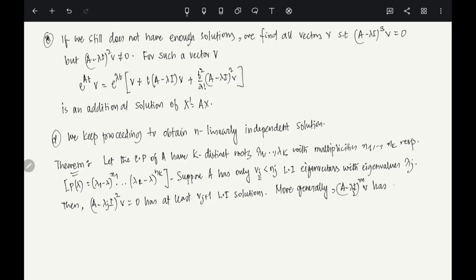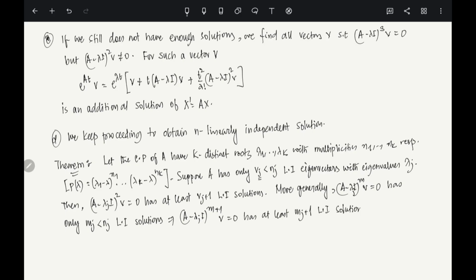if (A − λj I)^m v = 0 has only mj linearly independent solutions, which is less than nj, then the equation (A − λj I)^(m+1) v = 0 has at least mj + 1 linearly independent solutions.